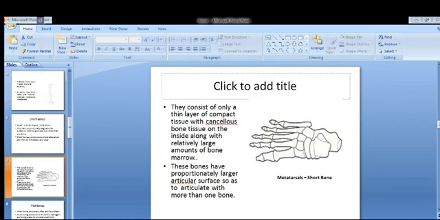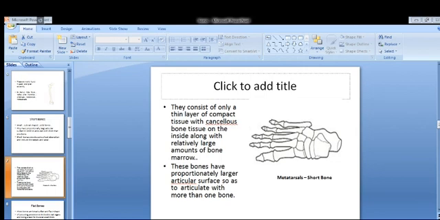Yeah. So what happens? These bones, which we see here, have a thin layer of compact tissue with cancellous bone tissue. Cancellous and compact tissue we have discussed in the long bone also, that the compact provides the harder area, and the cancellous bone tissue provides the softer and spongy area.